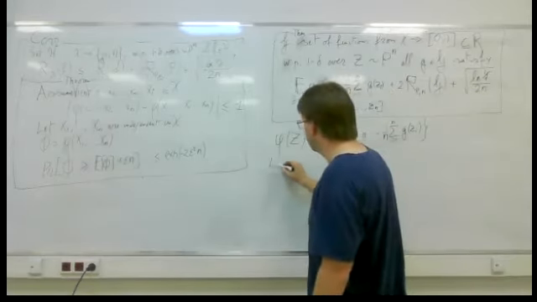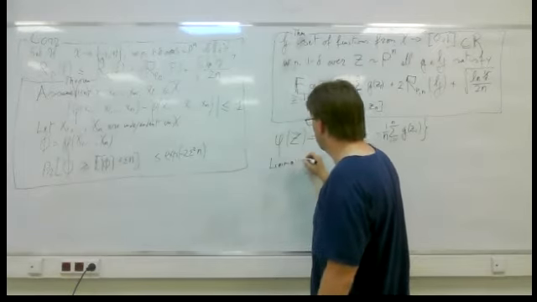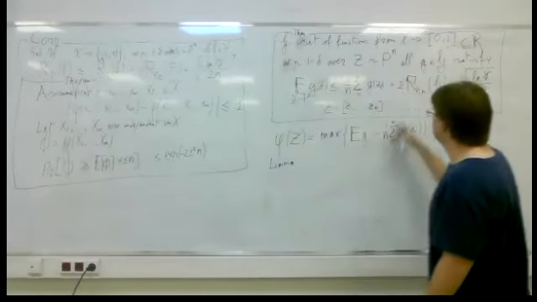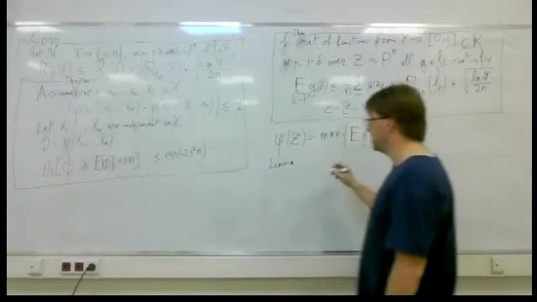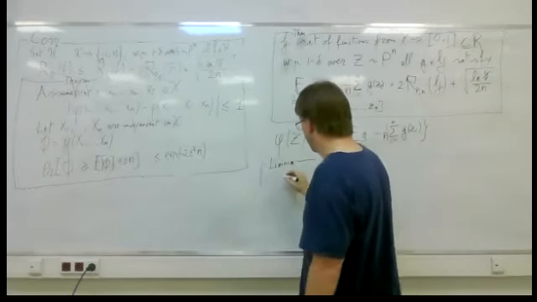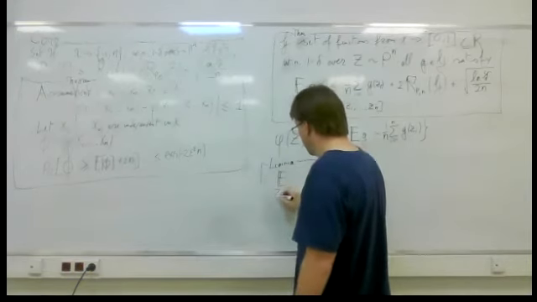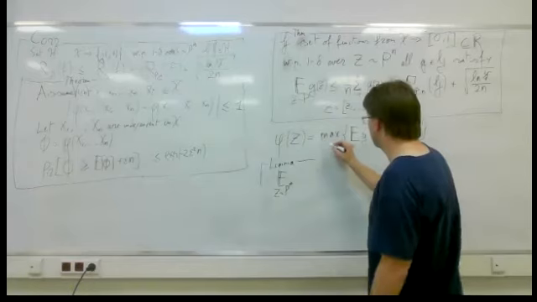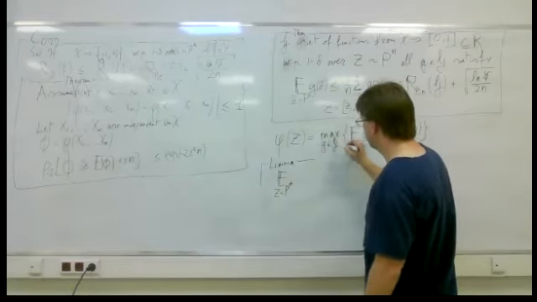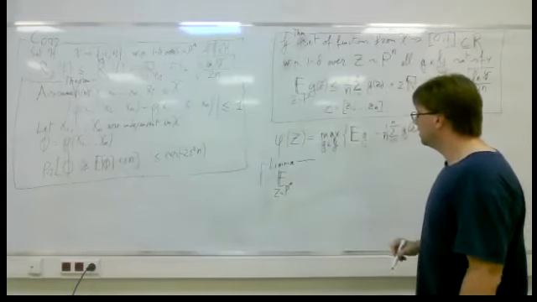And the lemma says that the expected value of phi of Z is at most 2 times the Rademacher complexity. It's not over the function. Yeah, maximum over G, and maybe better. Yeah, sorry.